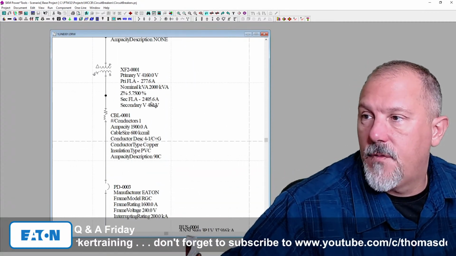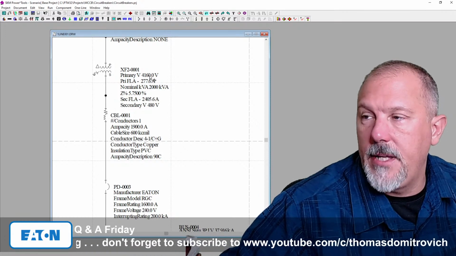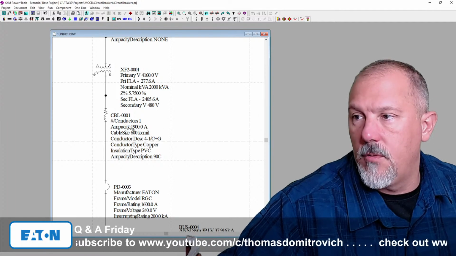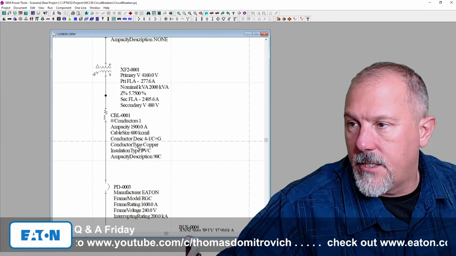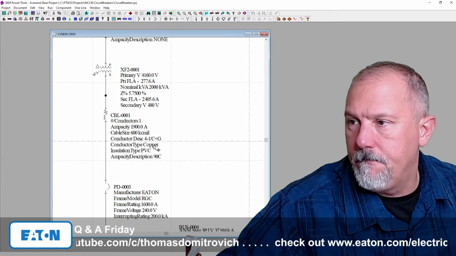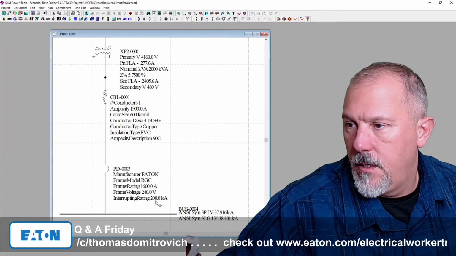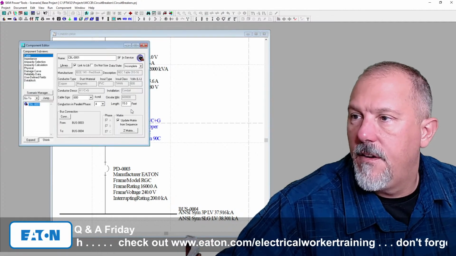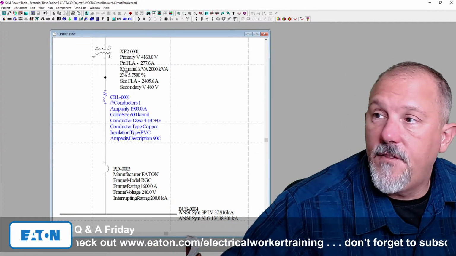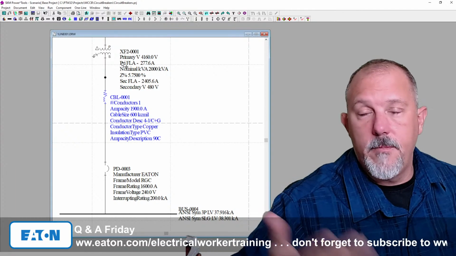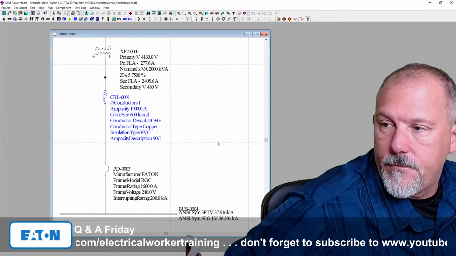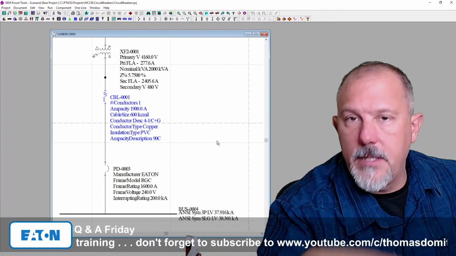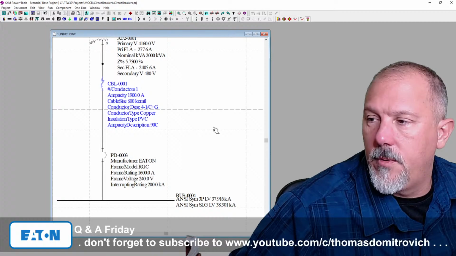And I have the transformer. I have 5.75% impedance on a 4160 to 480 volt transformer, and a conductor run of how many feet? 15 foot on the secondary of that transformer. It may or may not be realistic. Now, if I used busway or other, that depends upon the equipment that you're using.